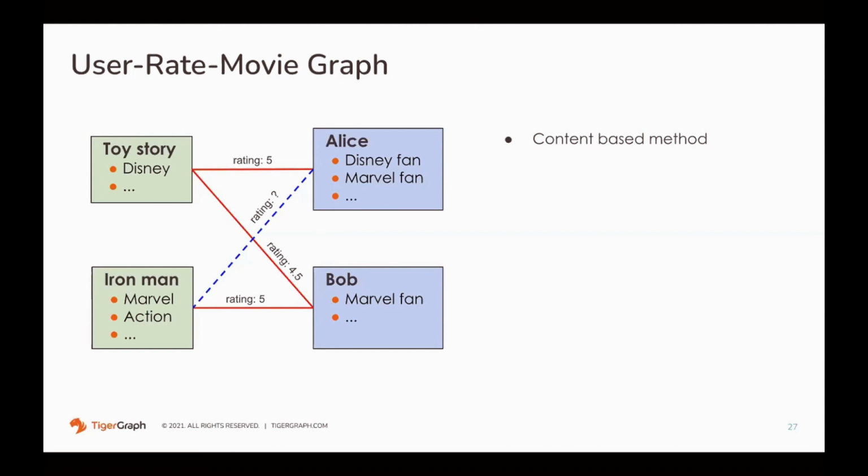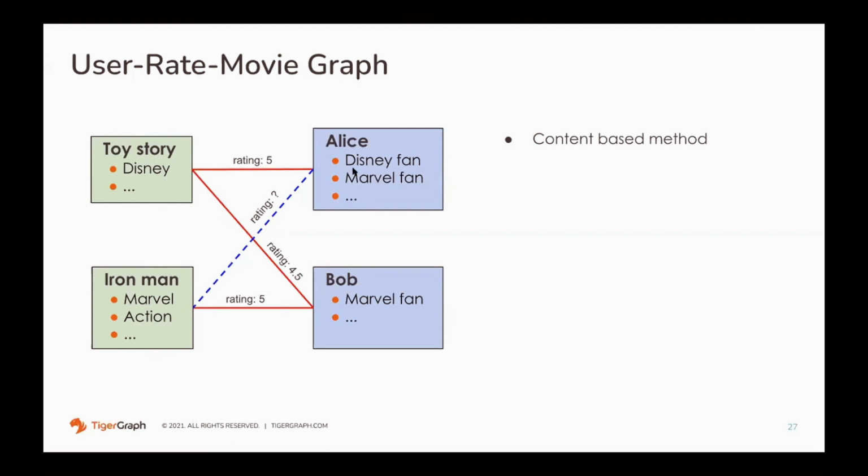In the content based methods, we see a lot of metadata associated with the users and movies. We know that Toy Story belongs to the Disney platform, Iron Man belongs to the Marvel platform, and that Alice likes Disney and Marvel movies.